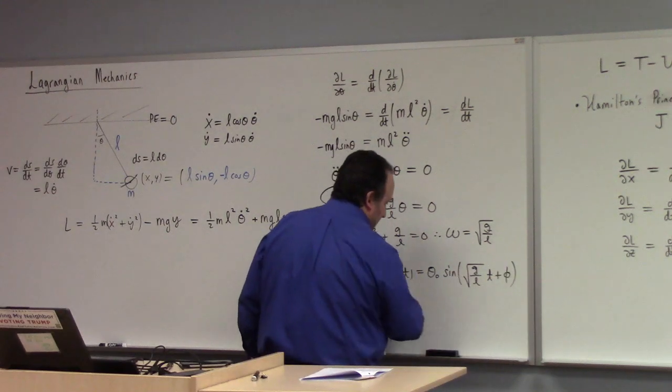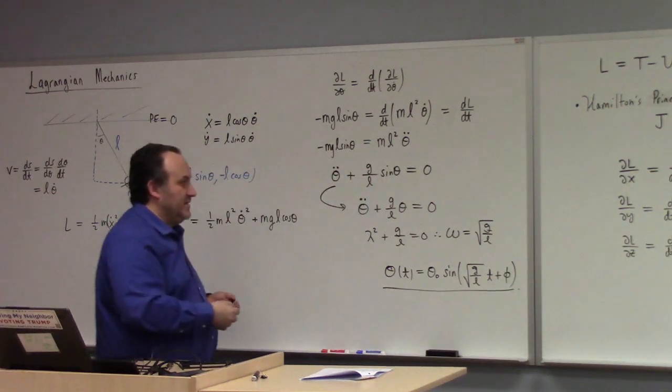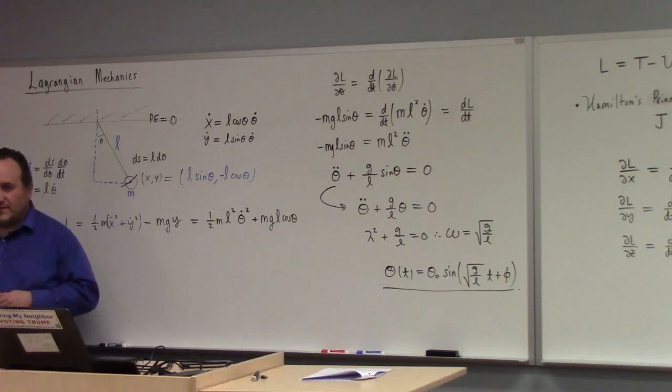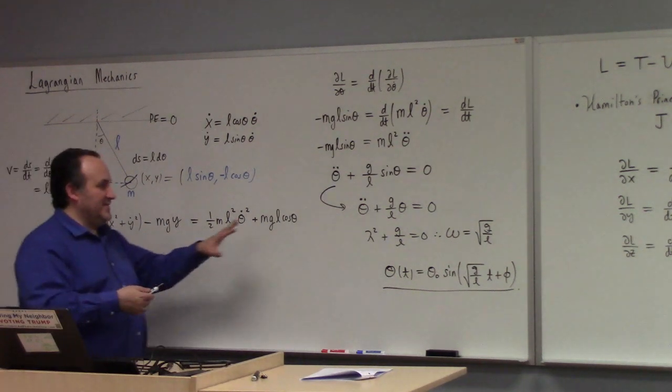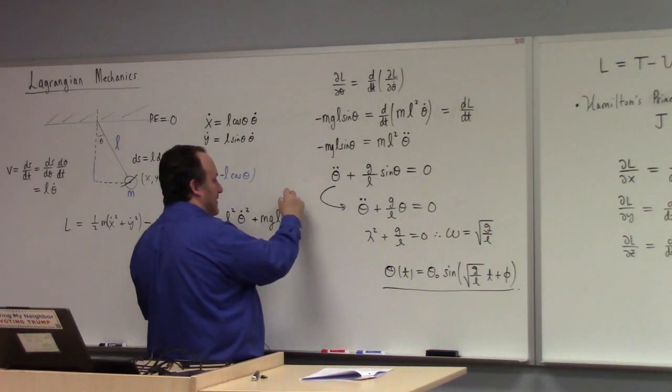But this is not an exact solution to the problem. It's only valid for small angles. Sine theta equals theta within a percent if we're less than 20 degrees. Otherwise, this is a nonlinear second order differential equation. I don't know how to solve it in general. So this is an approximation, all right?